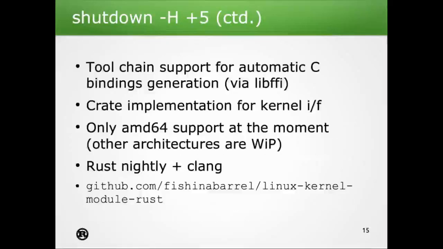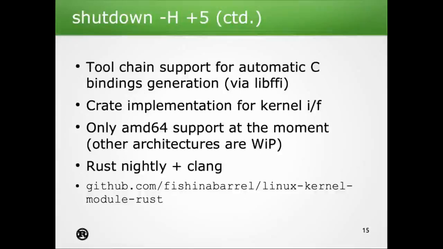So the idea going forward is that you may in the future be able to write kernel modules in Rust rather than C, with all the added benefits that Rust brings with it, especially from a compile time perspective. The idea is basically to use libffi as the foreign function interface for automatic C bindings generation, because if any of you have looked at the kernel, this is plain C. So you need a component that is able to translate Rust to C bindings.